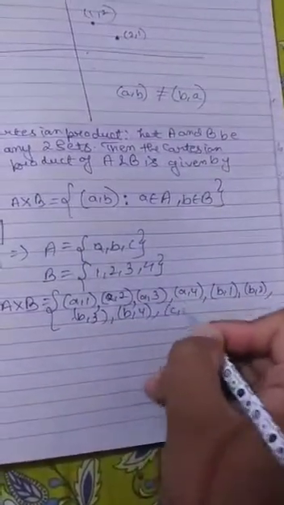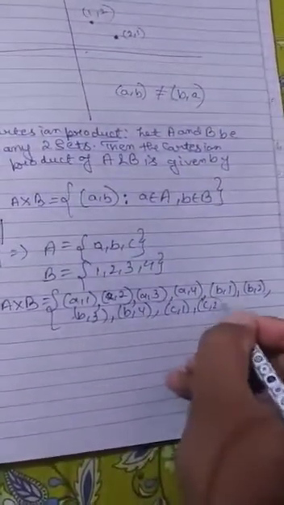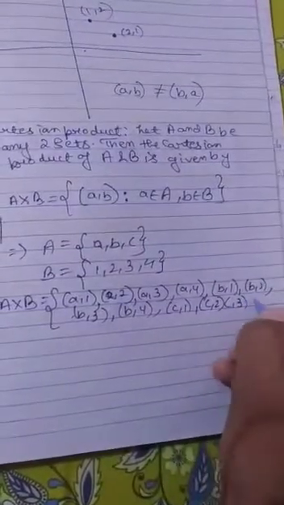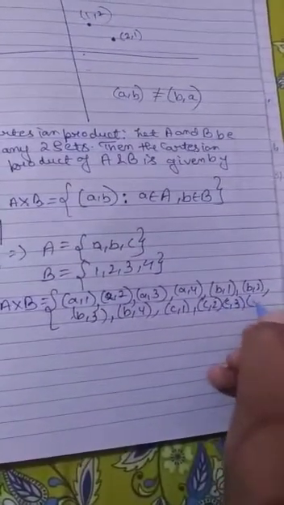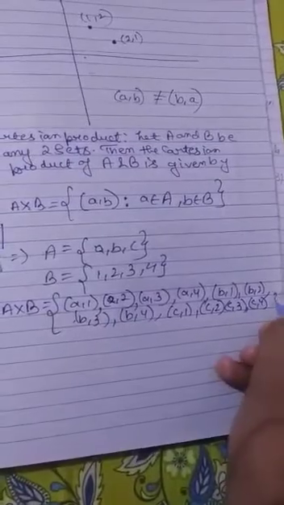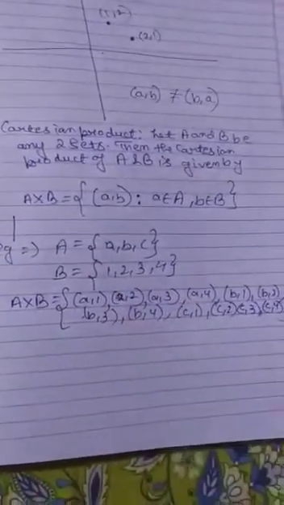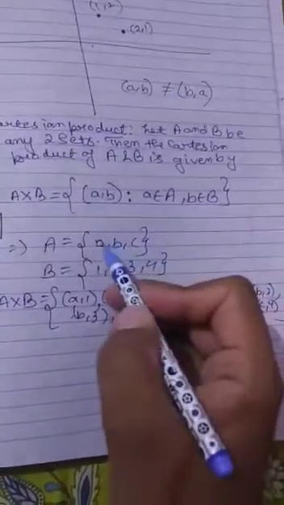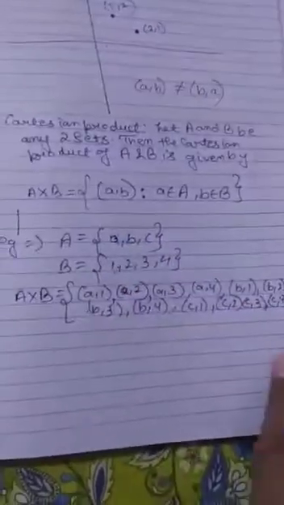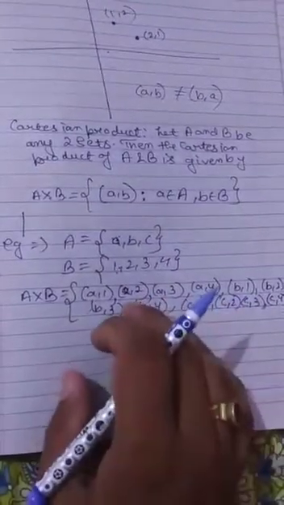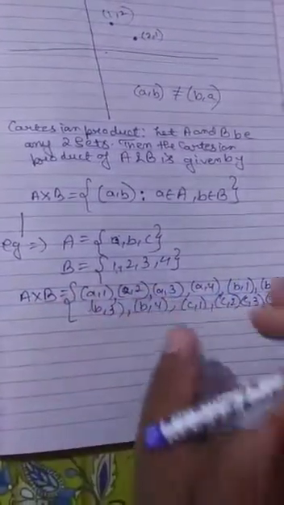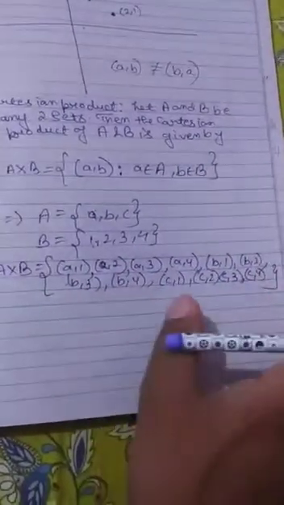Now C comma 1, C comma 2, C comma 3 and C comma 4. So all these ordered pairs which we make from each element of A and B.